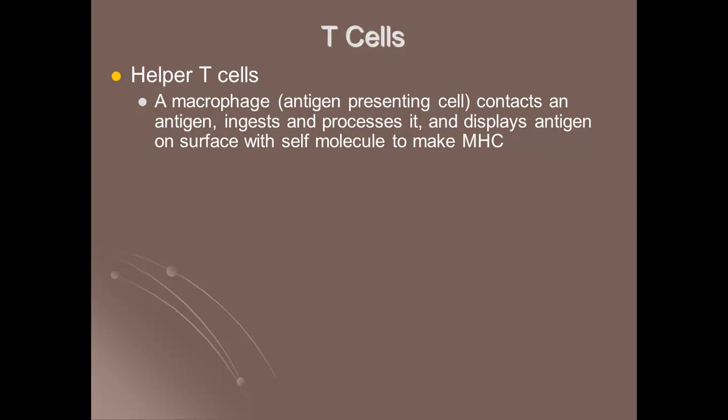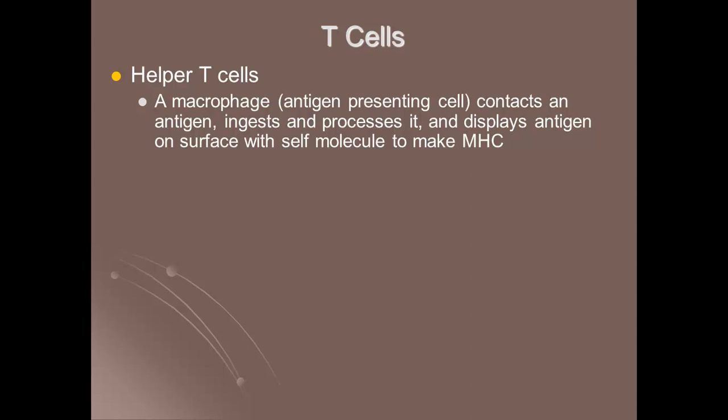From there, it displays the antigen on its surface with a self molecule to make MHC. So we talked about this major histocompatibility complex protein that sits on the surface of your cells. So the macrophage displays the antigen using this MHC. So the antigen fragments are on the APC surface with the MHC.